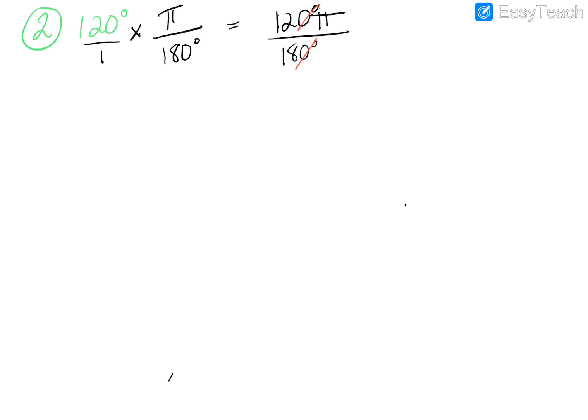The digits in the ones place are zeros, so they both reduce by 10. And then we can also reduce by 6. So we end up with 2 pi over 3.